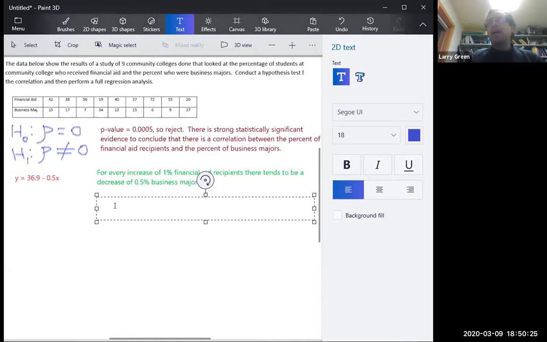So what we can say is that our best prediction for a college that has no financial aid recipients, because that's 0, is for them to have 36.9% business majors.